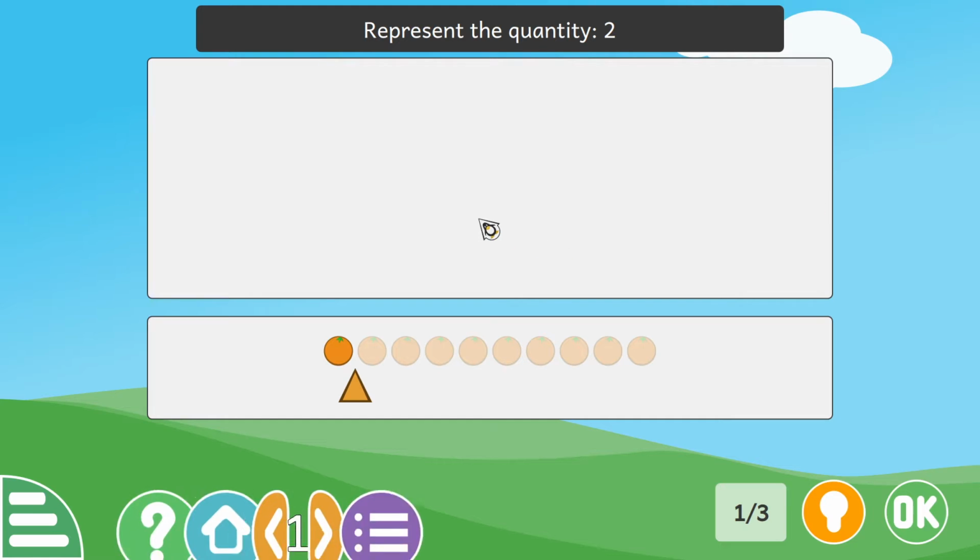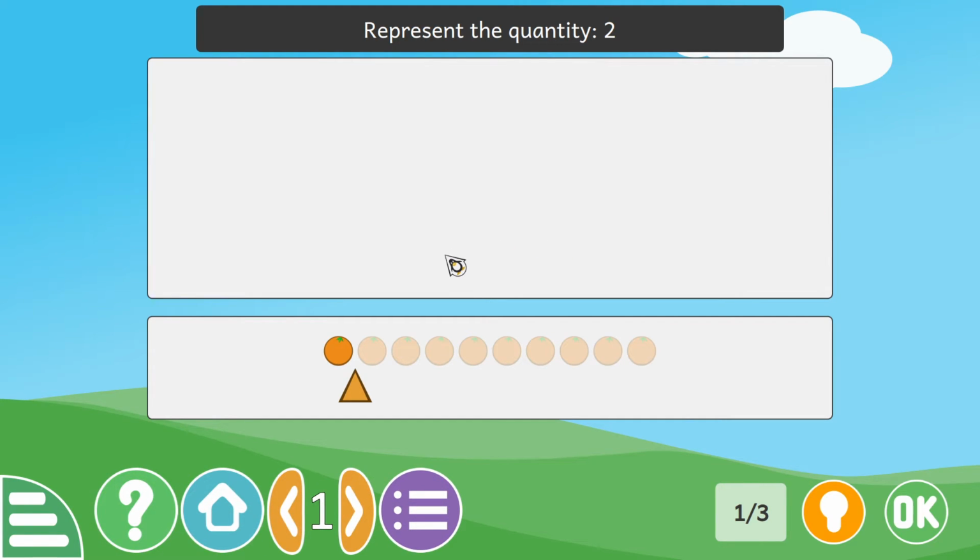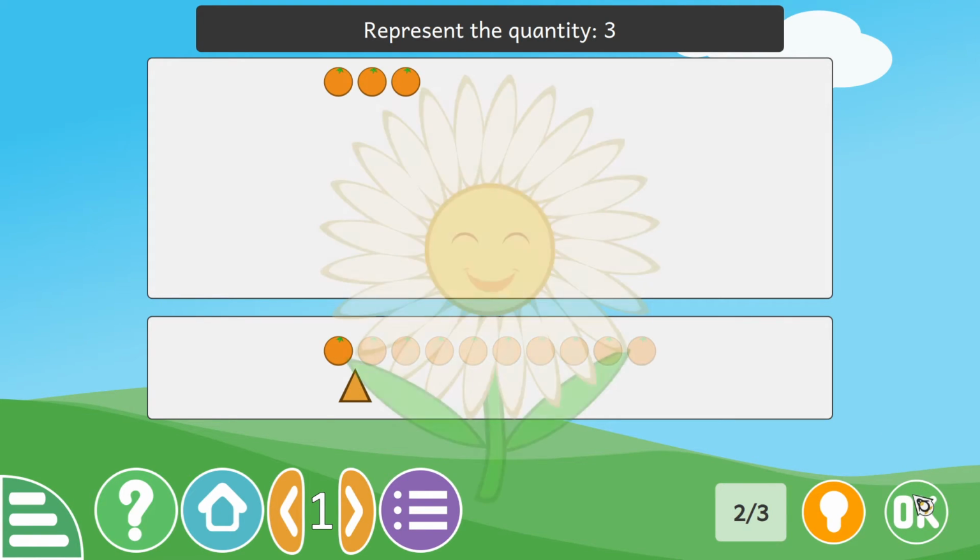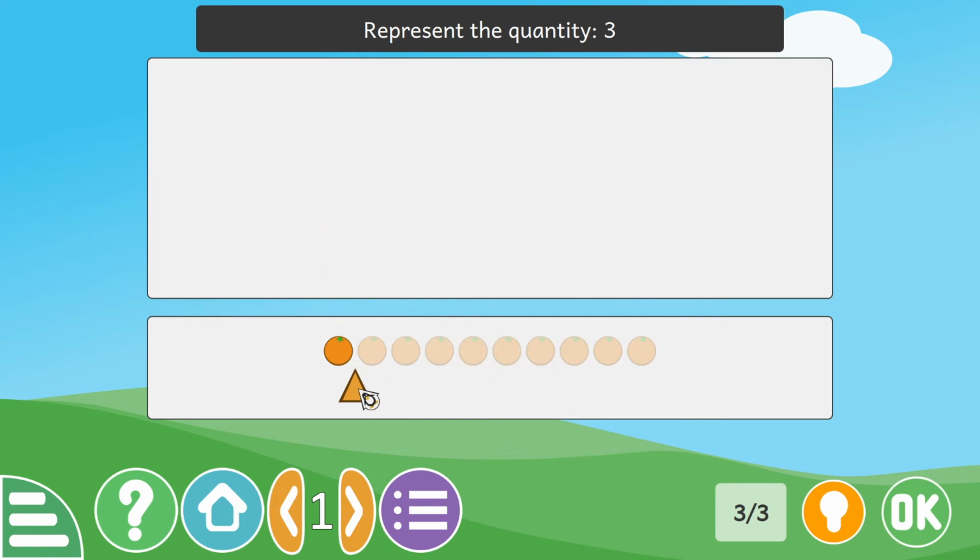Okay, we'll start. The person's requested 2 oranges, so I drag that number up, and they've got the amount they're after. The person's requested 3 oranges, so I can give them 3 individual oranges, or I can give them one lot of 3.